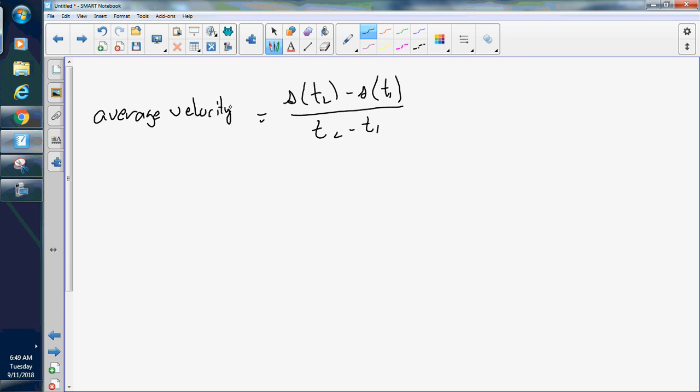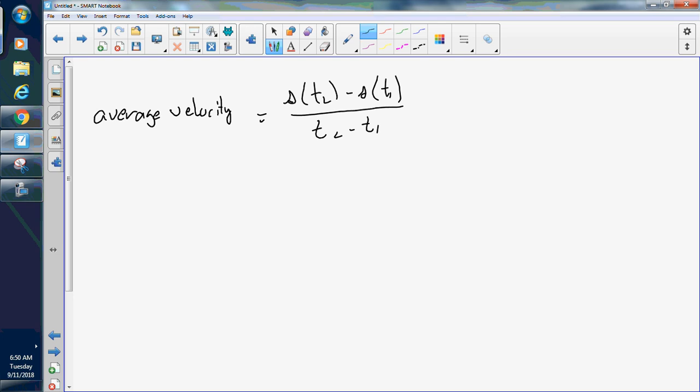And so in this case, it would be the average velocity between these 2 points in time, t2 and t1. If we were thinking about our graph, we would be finding the gradient of the secant that connects these 2 points.